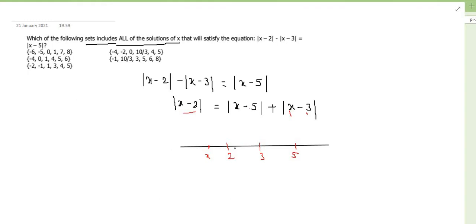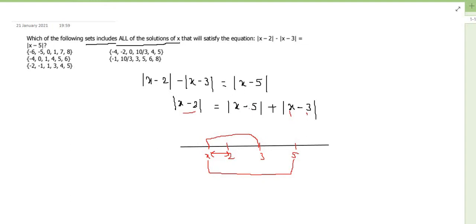So what is the distance between that point and 3 plus the distance between that point and 5? Is the sum of these two going to be the distance between x and 2 in case x is to the left of 2? Right? Our common sense says it's not possible, okay, because this distance is never going to be the sum of these two. All right, so clearly your x does not lie towards the left of 2.